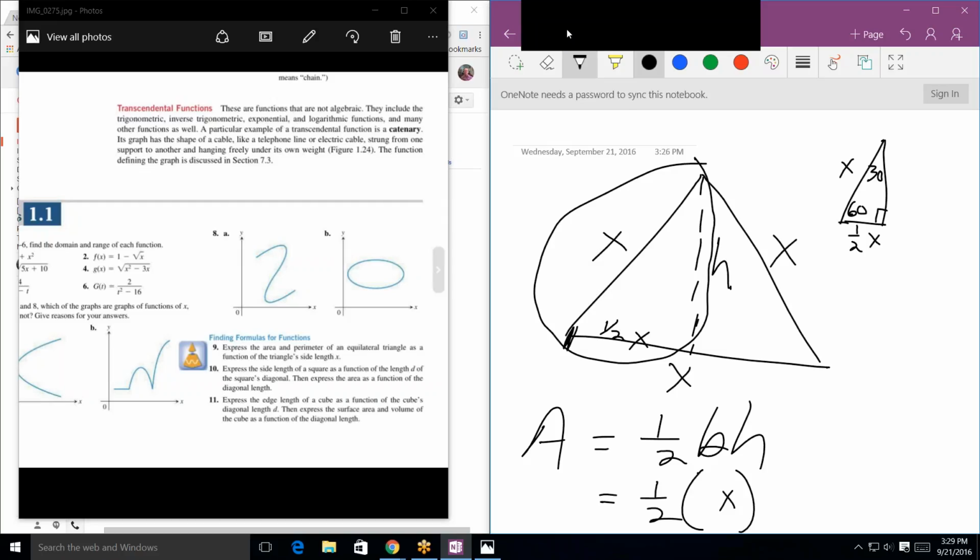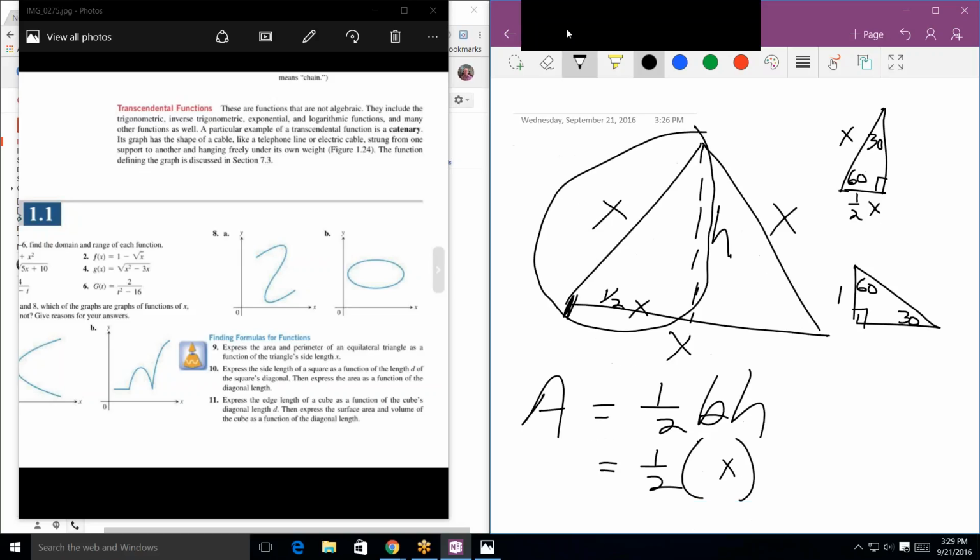Remember what my standard 30, 60, 90 triangle looks like, and why I tell everybody that you're going to need this thing for the next 3 years. Because there are so many triangles that they give you that are 30, 60, 90.